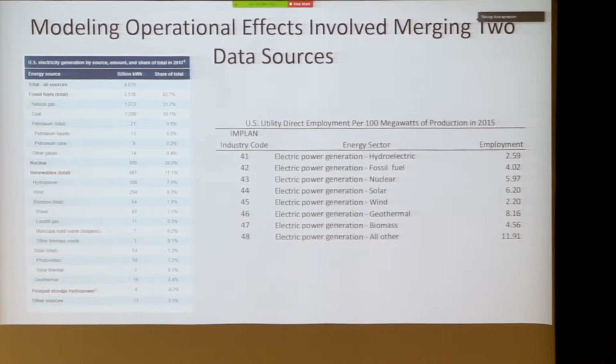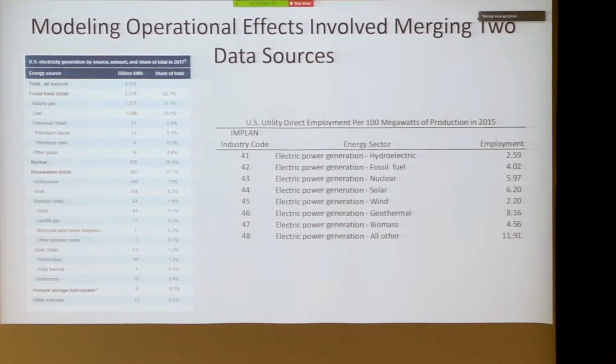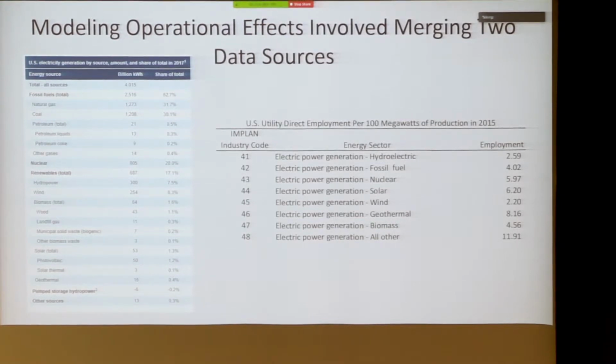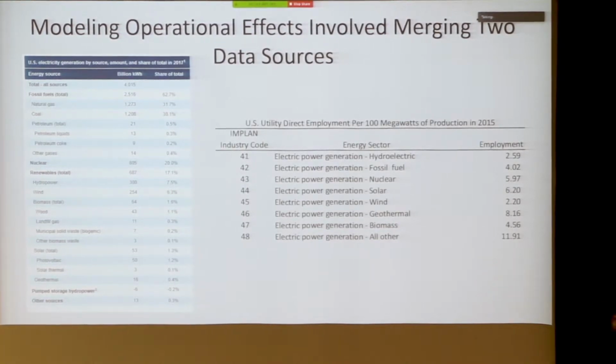Because now what am I doing? I'm increasing my generation. So if I'm increasing my generation by some value, I simply need to multiply it times this number to get the value that I need to shock. So I'm shocking my model by jobs. That's all I'm doing. I'm shocking my current model by jobs.